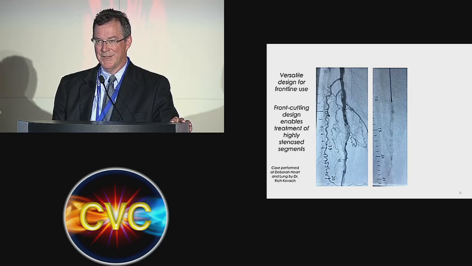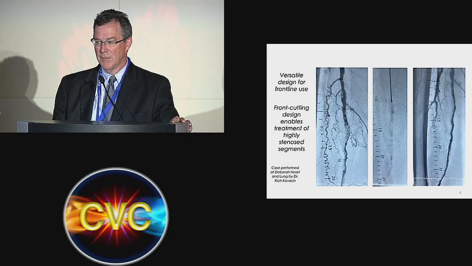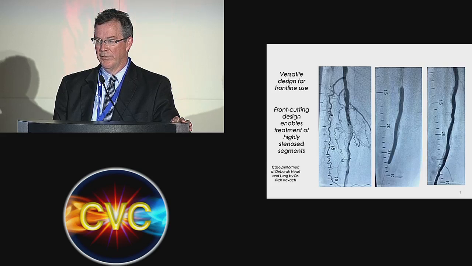These blades spin about 10 to 12,000 RPMs, and about 1 millimeter per second advancement is what's recommended. As you can see, after the Phoenix catheter, a fairly reasonably good result from an atherectomy standpoint. And then after balloon angioplasty, a very nice outcome with the combination therapy.